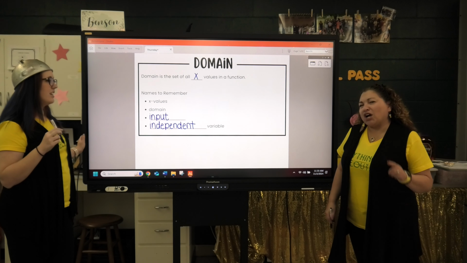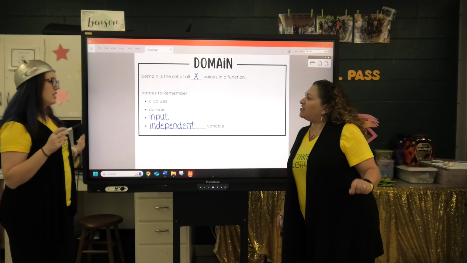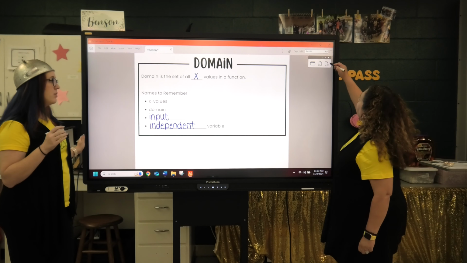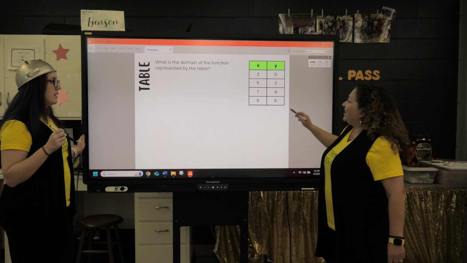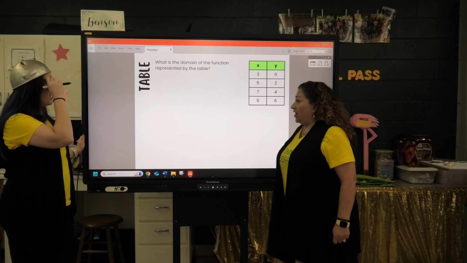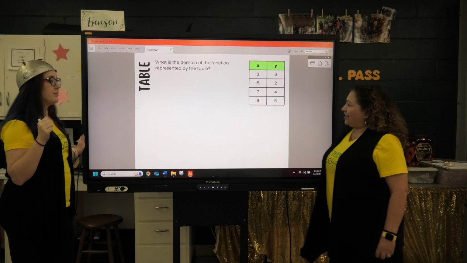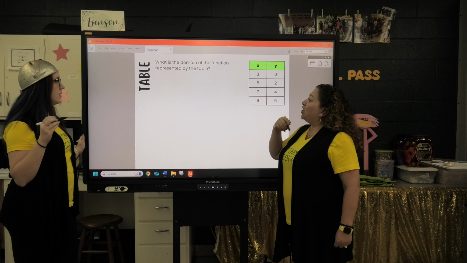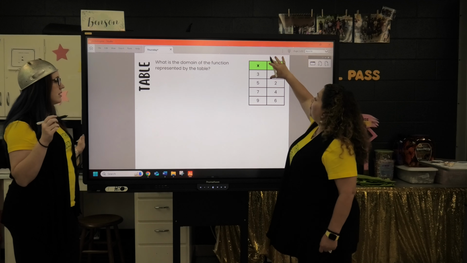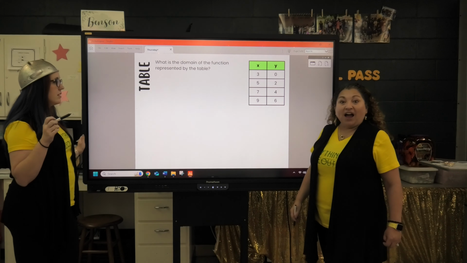So now let's talk a little bit more about identifying the domain. This is called a table of values. And the question is, what is the domain of the function represented by this table?